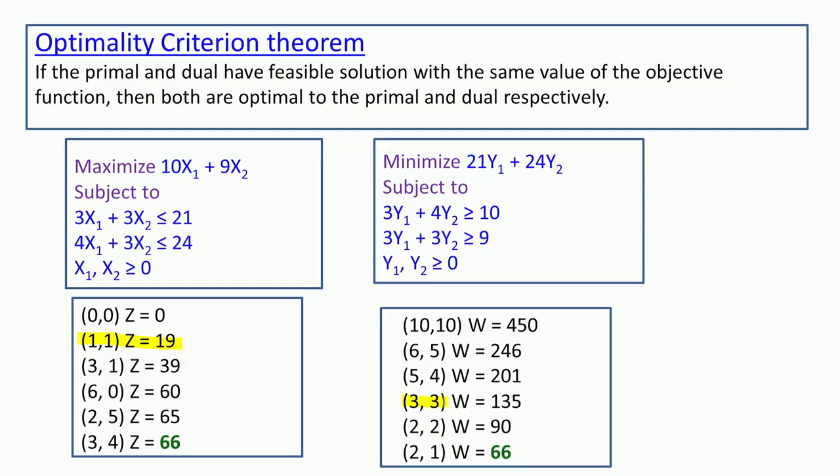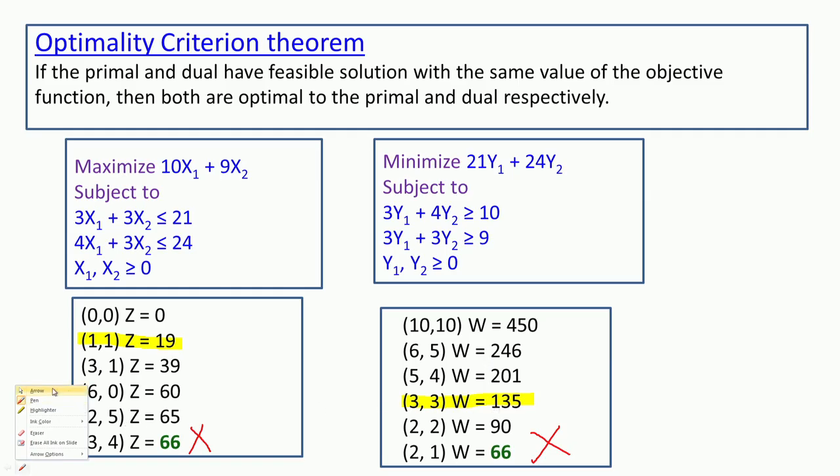For example, I am looking at this feasible solution to the primal with 19 and this feasible solution to the dual with 135. Let us say I have not evaluated any of these. So, right now my information is I have a feasible solution to the primal and a feasible solution to the dual.